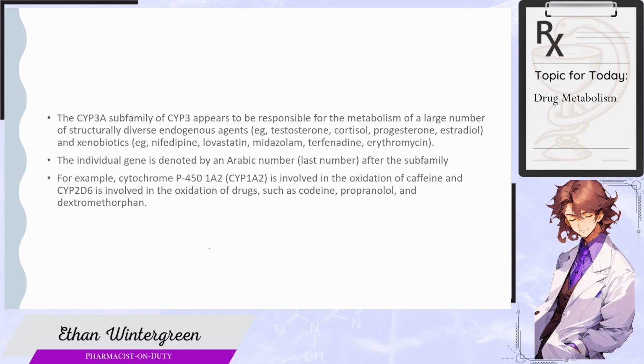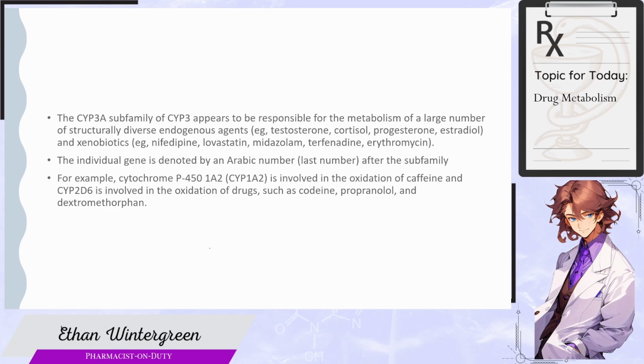It appears to be responsible for the metabolism of a large number of structurally diverse endogenous agents and xenobiotics. CYP3A is one of the most popular, and in particular, CYP3A4 is one of the specific CYP enzymes which metabolize a lot of compounds.